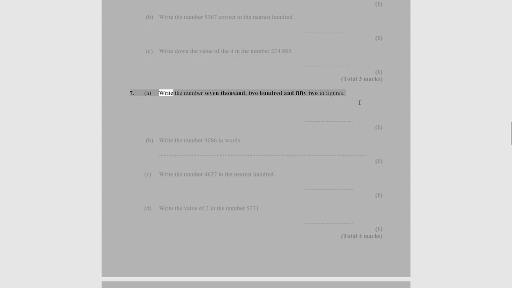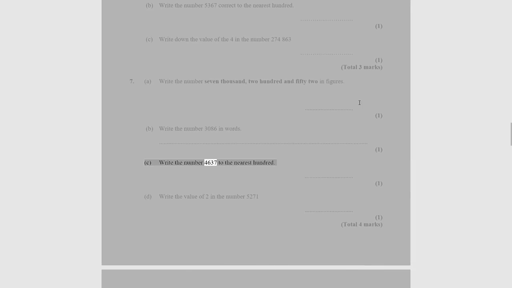7a. Write the number 7,252 in figures. 7b. Write the number 3,086 in words. 7c.